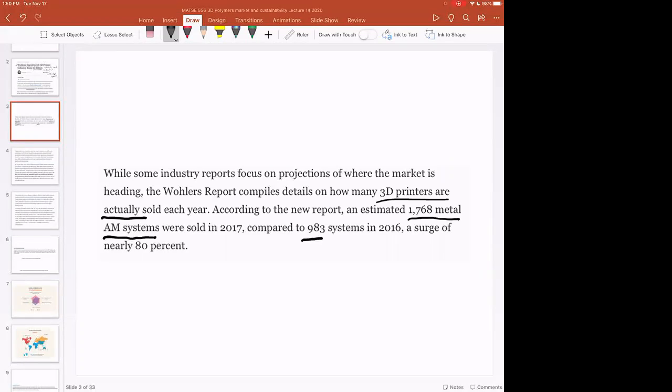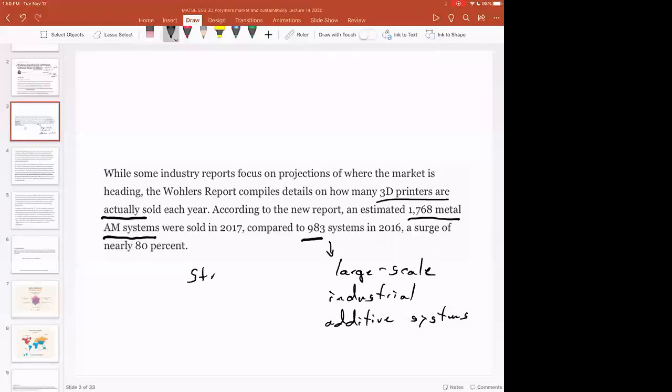So 983 of these, let's call these large-scale industrial additive systems. So this is from people like Stratasys and 3D Systems and Vision Tech, etc. This is probably not from people like Formlabs, definitely not from people like MakerBot, although MakerBot is part of Stratasys now, or LulzBot.